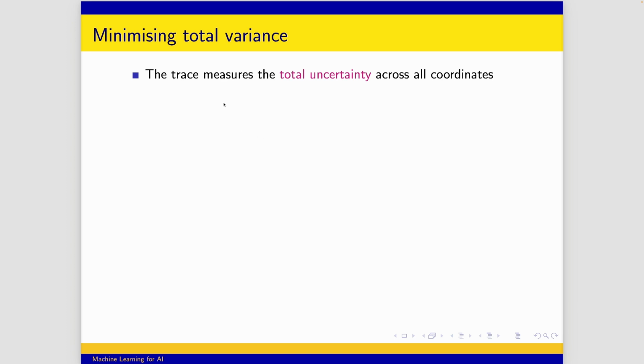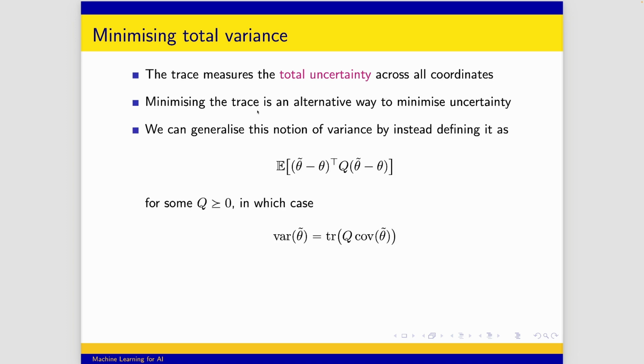So what does the trace measure? In this case, it's measuring a total uncertainty across all coordinates. It's summing along the diagonal, and each term along the diagonal refers to a different coordinate. So minimizing the trace is an alternative way to minimize uncertainty, minimizing the trace or the total variance.